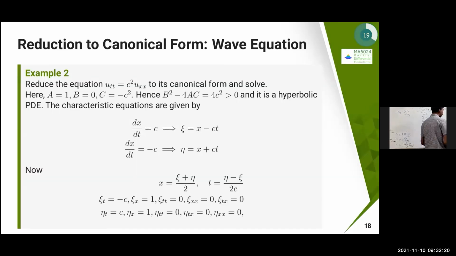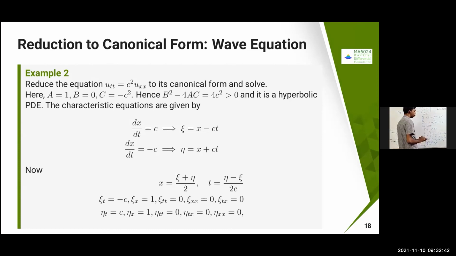Now the same way we will do the same thing for the wave equation, utt is equal to c square uxx. Again same thing, a equal to 1, b equal to 0, and c equal to minus c square.